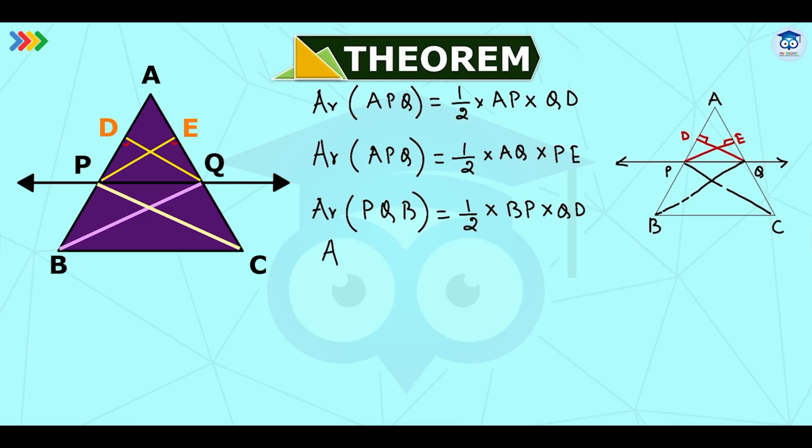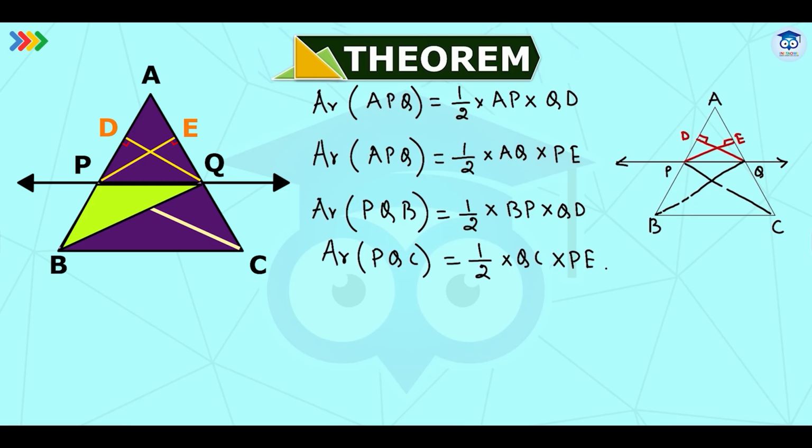And the area of the other triangle on this side, PQC, is equal to half of QC, and then the height, that is PE, okay? Here let us see why the area of this triangle is half of QD into PB.